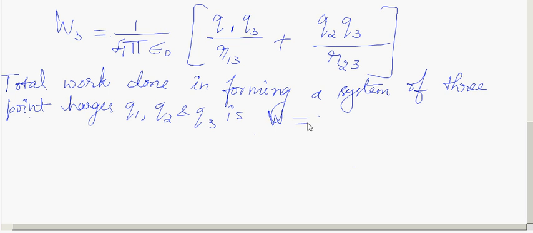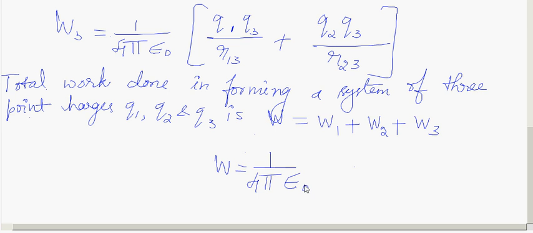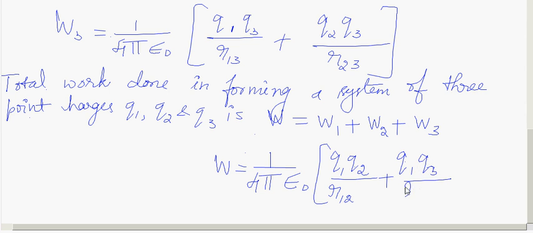So W equal to 1 by 4 pi epsilon naught into q1 q2 by R12 plus q1 q3 divided by R13 plus q2 q3 divided by R23.